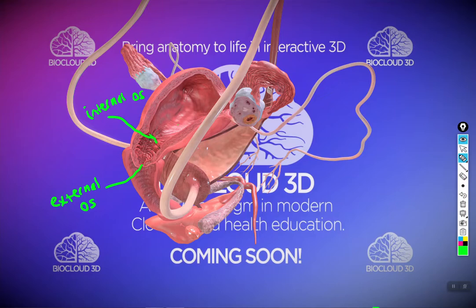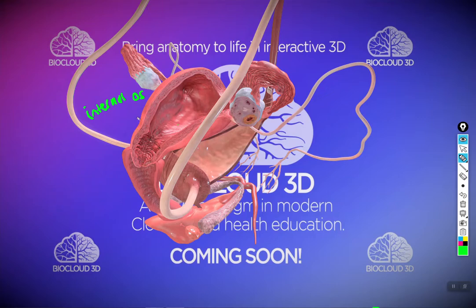So that external os is the goal for deposited spermatozoa to try to make it through this stuff and hopefully go up a fallopian tube to achieve fertilization and make a new human. All right, so that's the cervix.